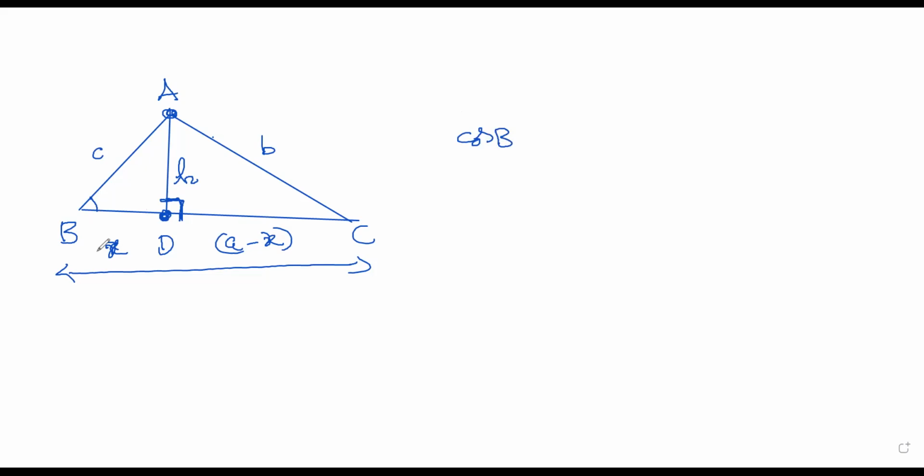I take this right angle triangle ADB. So cos B happens to be X by C. Then I can replace X with C cos B.